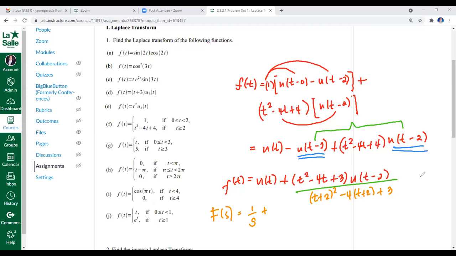Then you need to expand this. So when you expand, this will be a t squared. The middle term here will be a 4t, and you have a minus 4t here, so they will cancel each other. This one, when squared, will be a 4 minus an 8 here. So you will have a minus 4 plus 3.